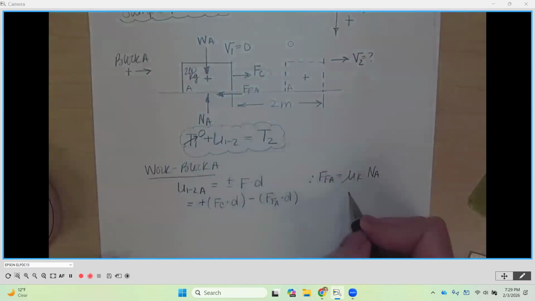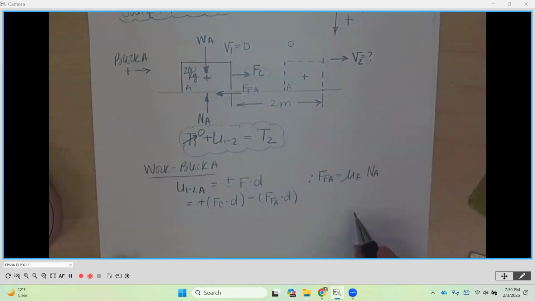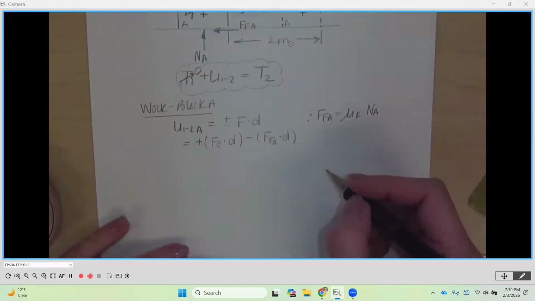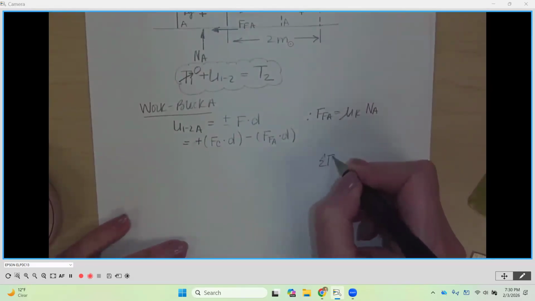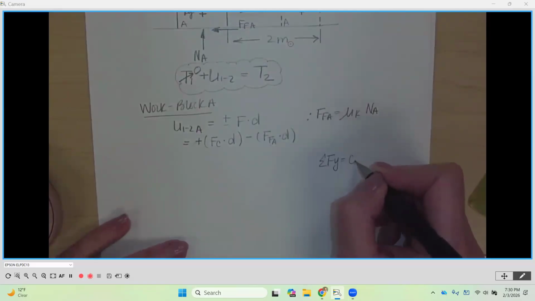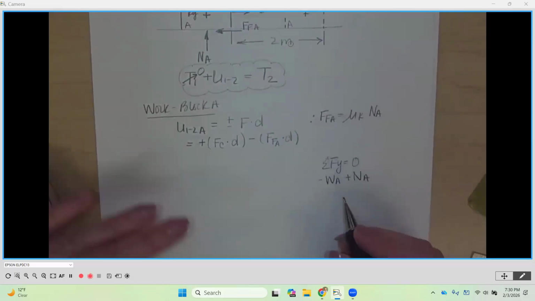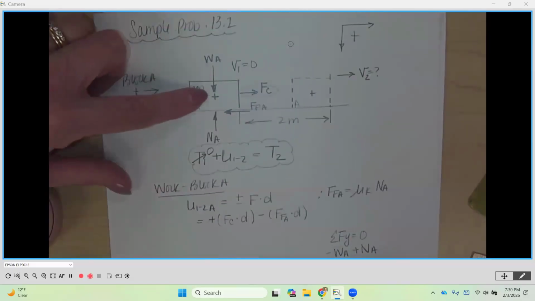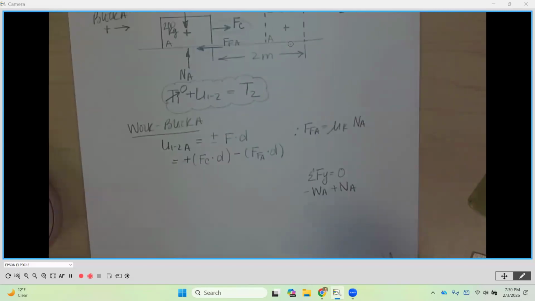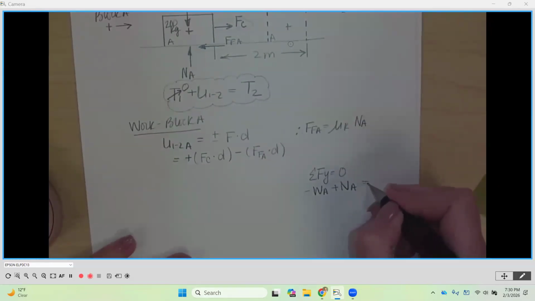So what we need to do is, I need more room. I'm going to leave a little gap here. If you have room to the right, go ahead. But I'm going to sum my forces in the y direction equal to 0. So I've got a negative WA and I've got a positive NA. My WA is going down, my NA is going up. It's going to be equal to 0.